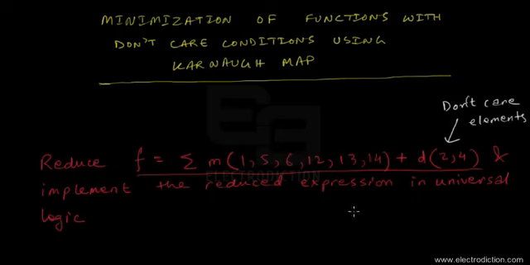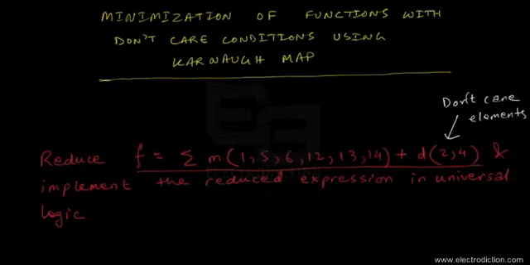So we first have to find the reduced expression of this function, and then map it using universal logic, or rather circuitry designed using NAND or NOR gates, which are the universal logic gates. Let's move on to the problem.